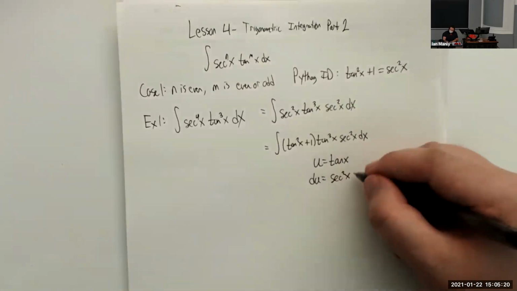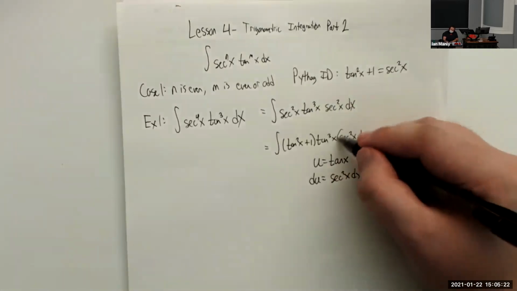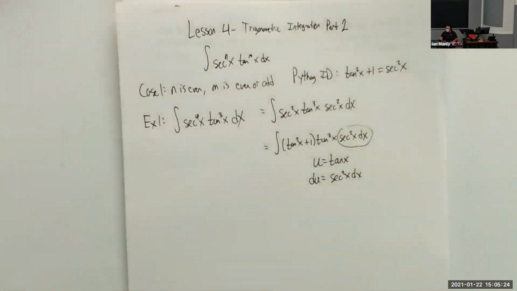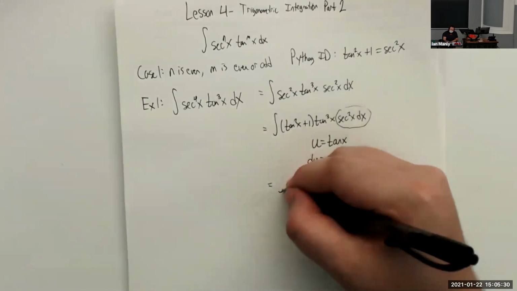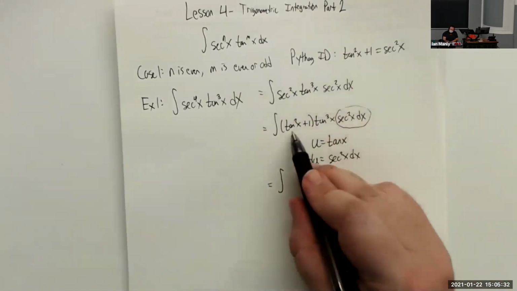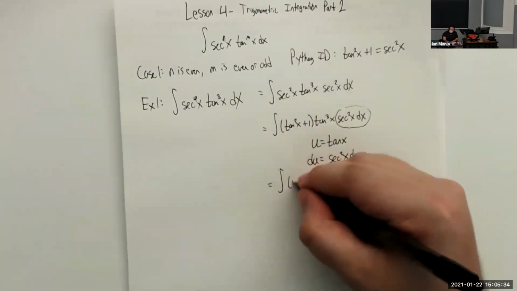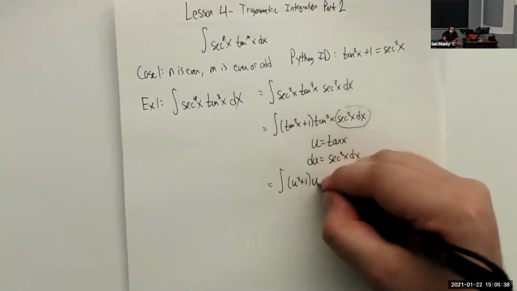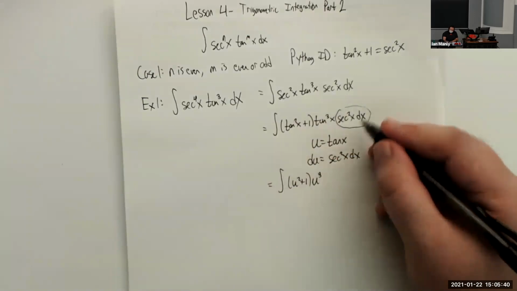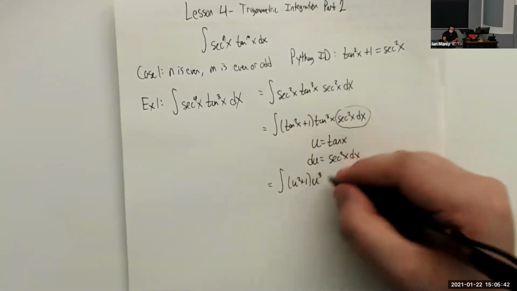We have secant squared of x dx, and thankfully we set that aside earlier in our integral right here. All right, so now we can safely put in our substitution. So we have u squared plus 1, and then we have u cubed here, and then secant squared of x dx is the du.